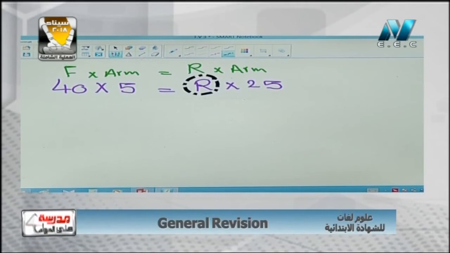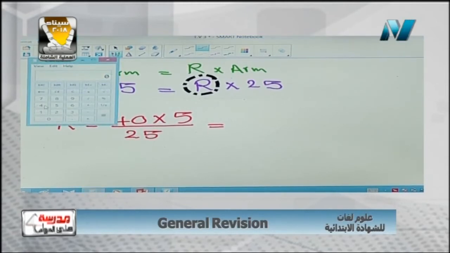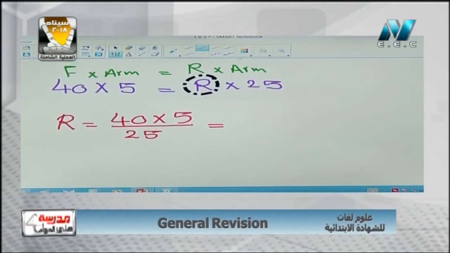As we see here we have R equal what? نحسبها كده مع بعض. هقول له R equal 40 times 5 over 25, equal what? 8. 8 what?